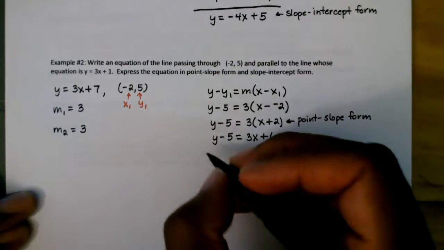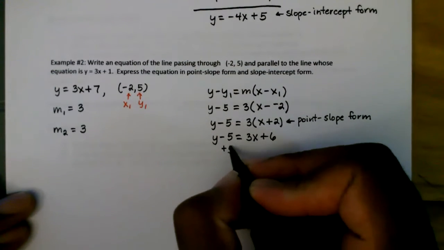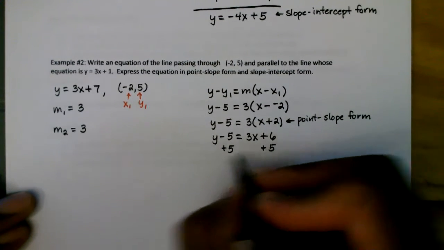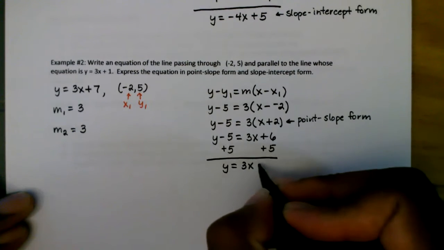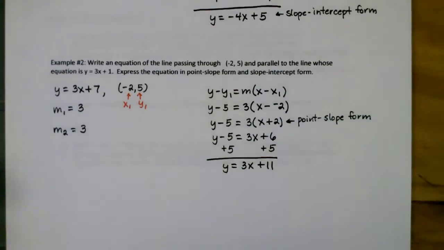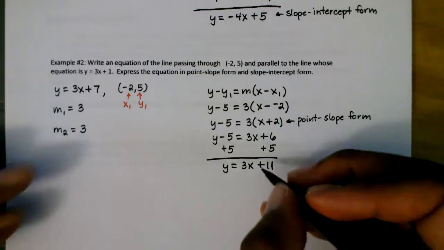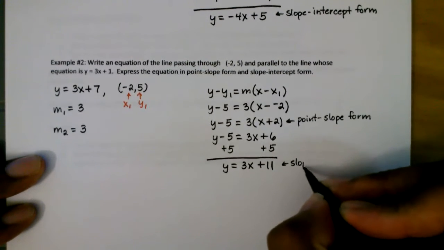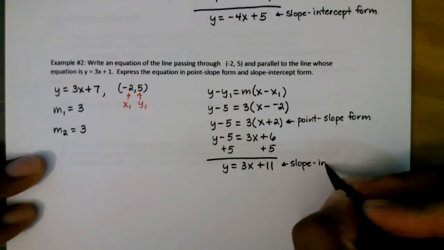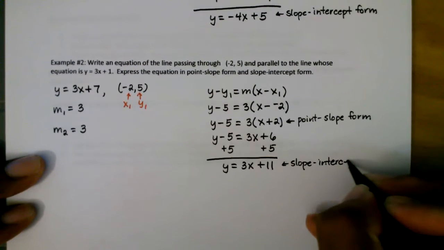And then to solve for y, we're subtracting 5, so I need to add 5 on both sides. So that means I'm going to have y is equal to 3x plus 11. y equals 3x plus 11 is your equation in slope-intercept form.